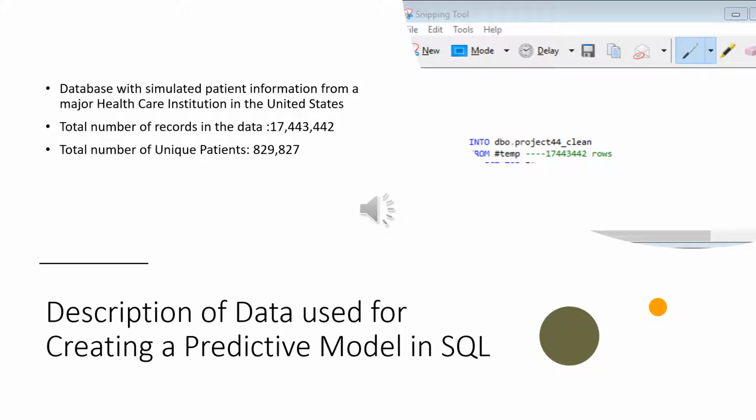For this presentation, a database with simulated patient information from a major healthcare institution in the United States was used. There were a little over 17 million records used and a total of 829,827 unique patients used for this project.